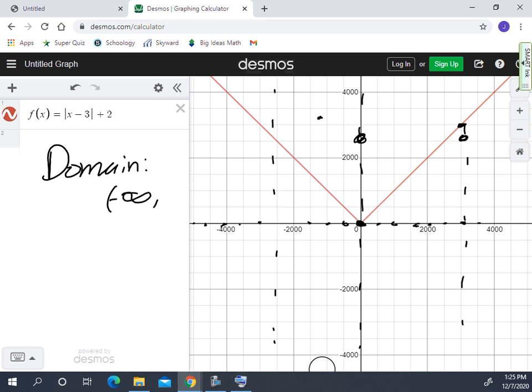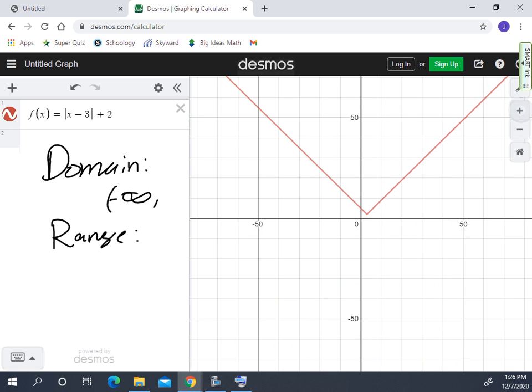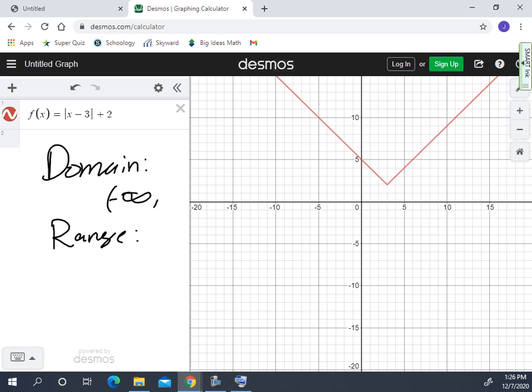Our range is the same thing, but think up or down. So let's zoom back in here, back to our beginning. Our range is for every y, so at 0, if I go this way, is there a result?